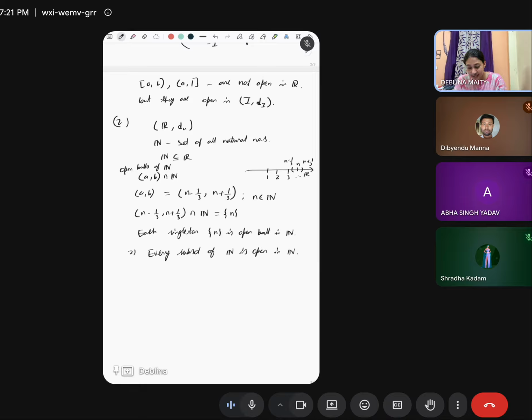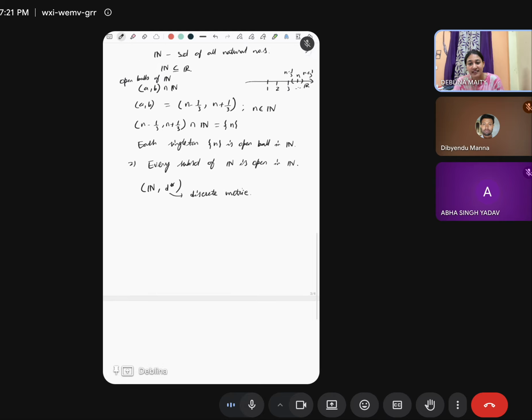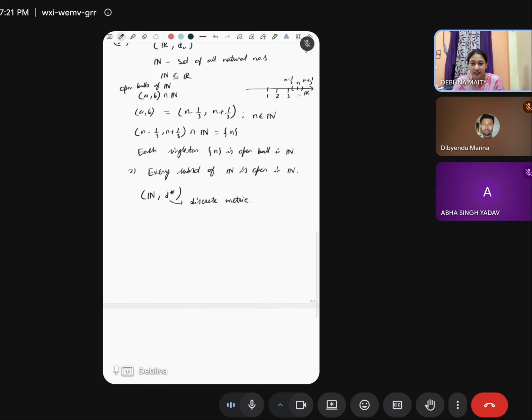So here we see that if we take N with the discrete metric, we have seen that singletons are open, right? So N with D star, which is the discrete metric, then we have seen that singletons are open and every subset is open. So they generate the same topology, right?